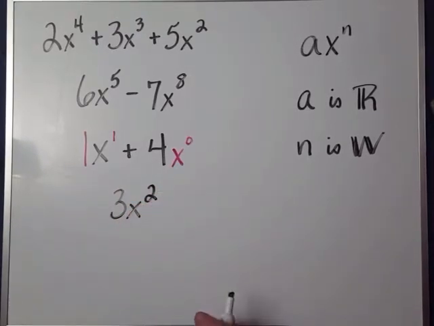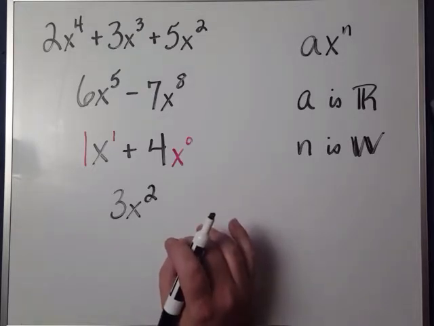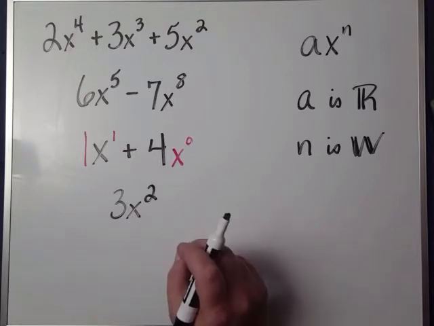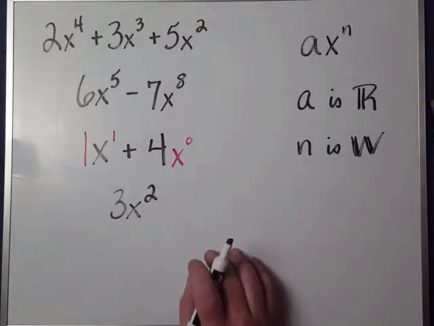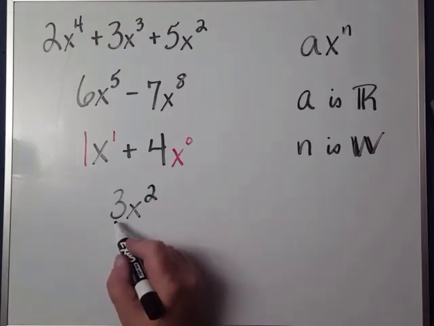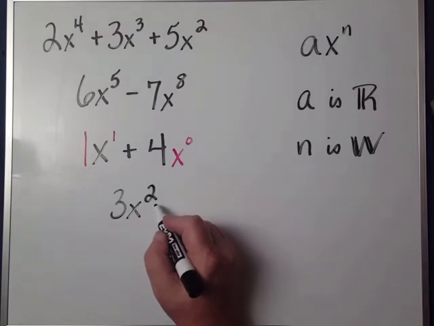Is this a polynomial? Well, it's not a sum of terms, it's a single term. But look back at your definition. It said a polynomial in X is a term or the sum of a finite number of terms. Well, this is a term where the coefficient is real and that power is a whole number.